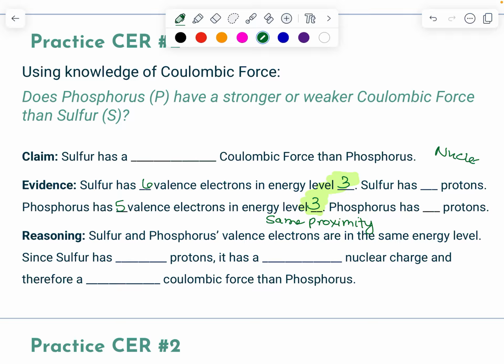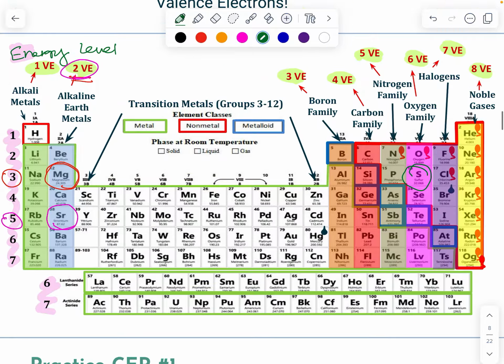Nuclear charge is going to be us looking at our protons. So I can go to my periodic table. Protons are the atomic number. So sulfur has 16 protons, phosphorus has 15.